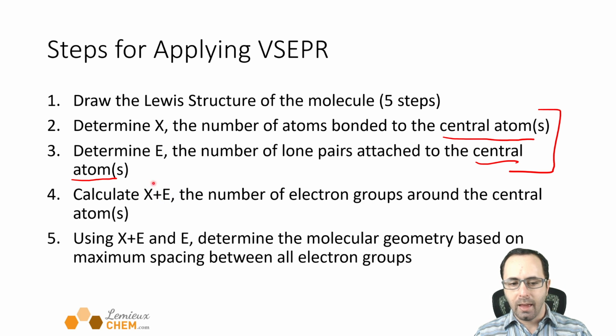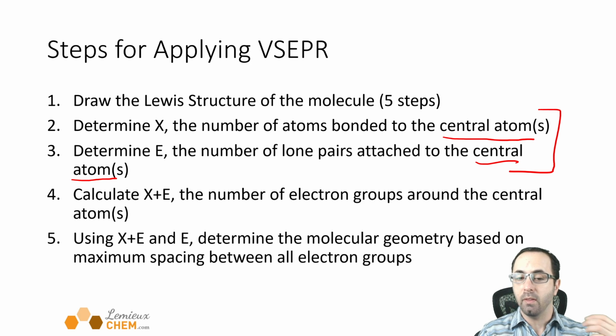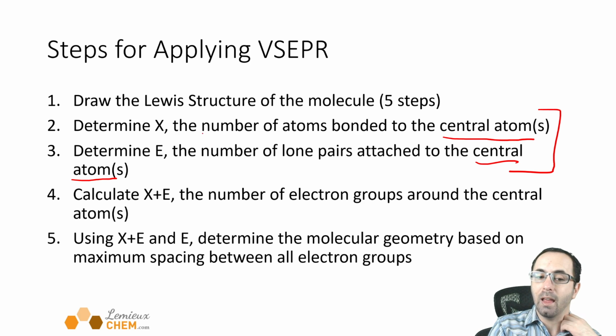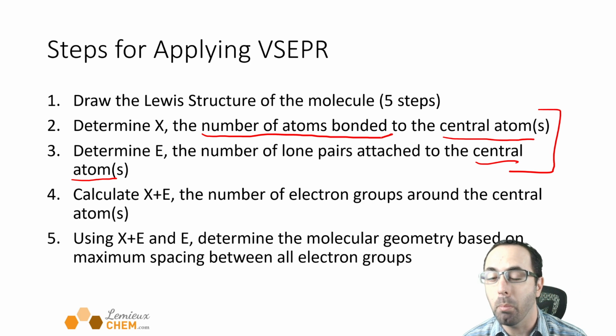But if there's more than one center atom, we may have to do it multiple times. Then you calculate X plus E. This is the number of total electron groups around the center atom. Bonds, whether they be double or triple, all count as one electron group. That's very, very important here. Notice that X is the number of atoms bonded. It's not the number of bonds.